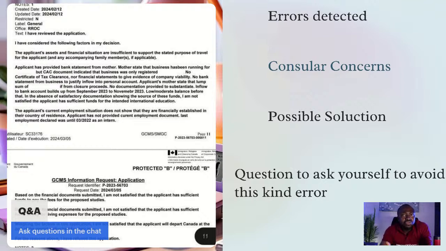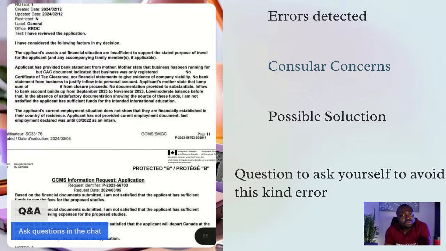So if you must use a business as a proof of finances or as a proof of source of income, then it must be something that is registered and has been registered for long. So that would be it. That's all we are reviewing for today in terms of the GCMS note.